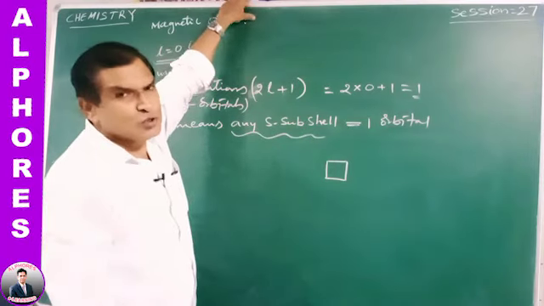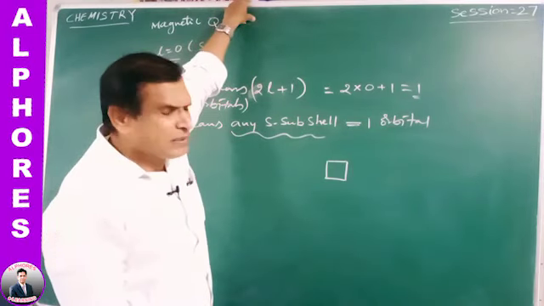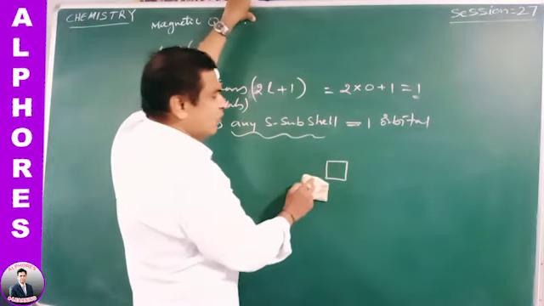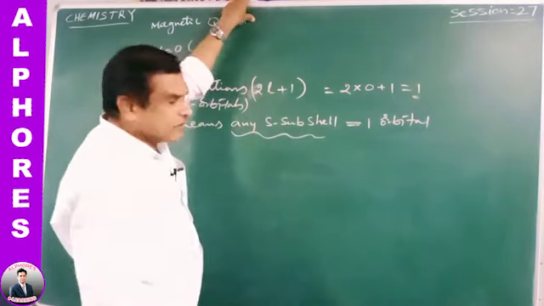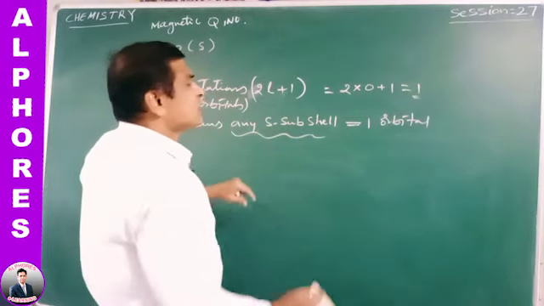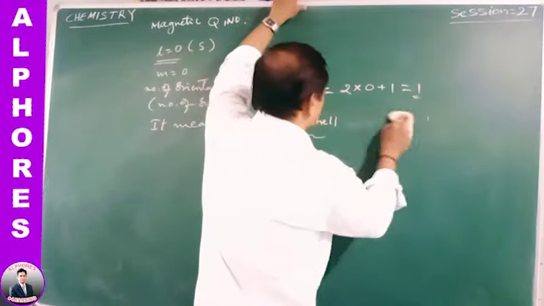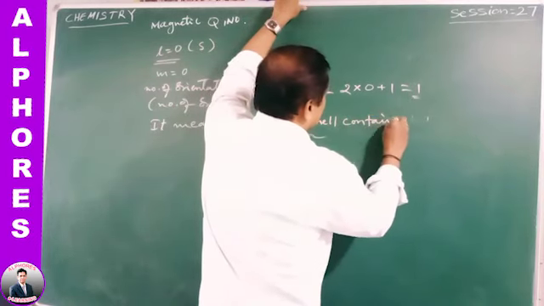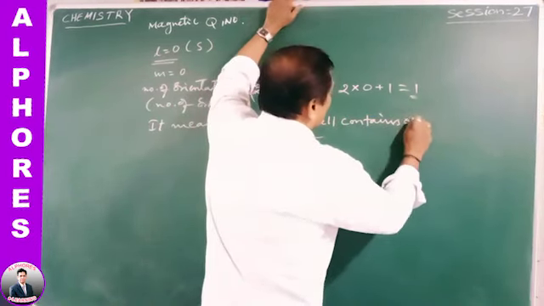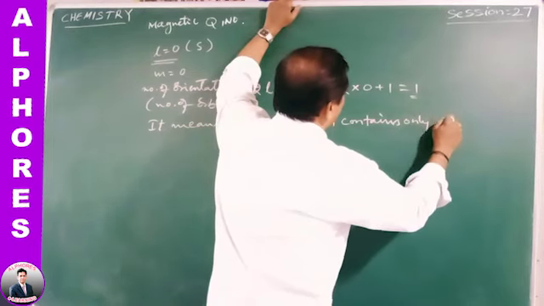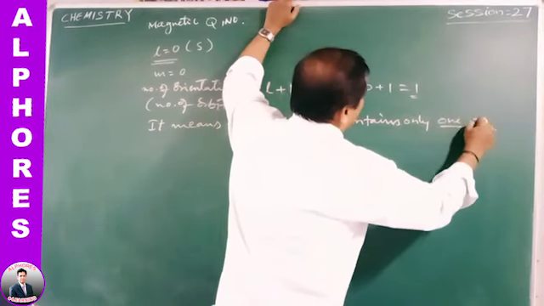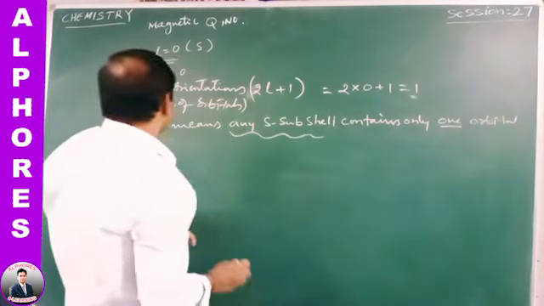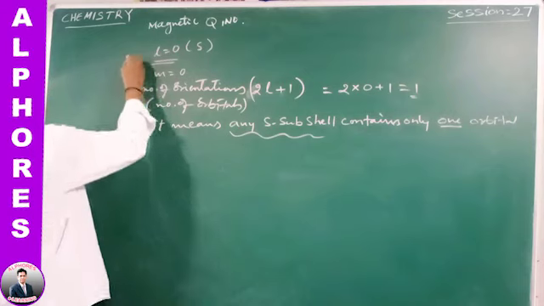So it may be 1s, 2s, 3s, 5s, 6s, whatever it is, any S subshell always contains only one orbital. Let us write clearly: S subshell contains only one orbital. This is the first example.